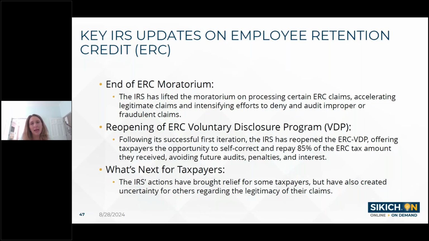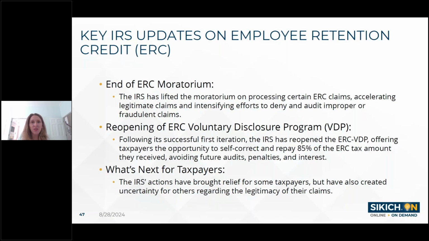There also was a new update. I'm sure some of you are familiar that there was a first voluntary disclosure program that ended back in March of this year. They did open up a new one. So just recently they announced a second voluntary disclosure program where entities who have applied for an ERC credit can withdraw that claim. So that is open until November 22nd of this year.